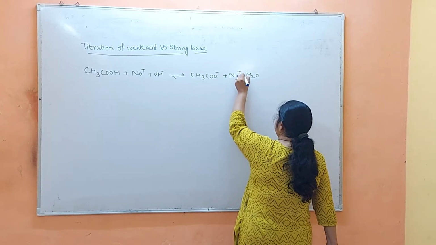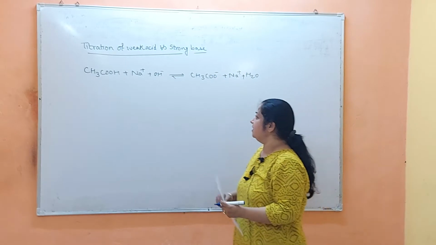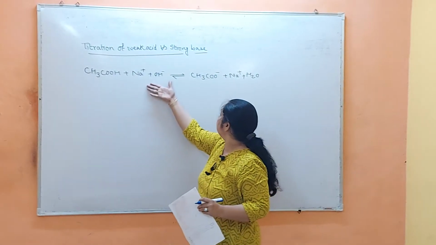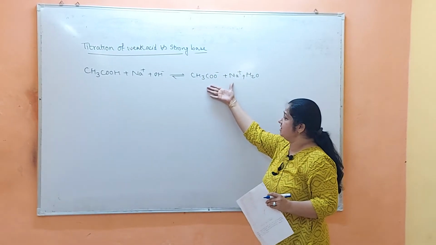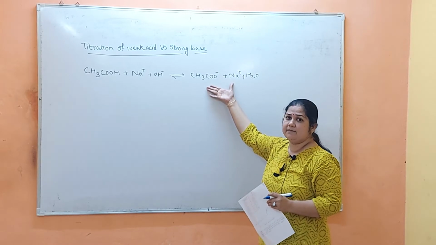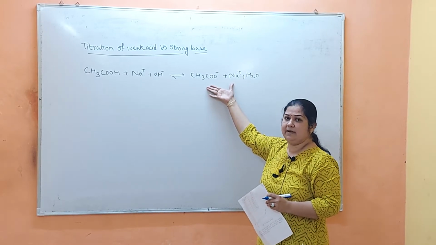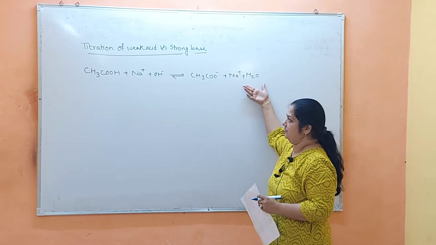Try to understand, it is a neutralization reaction where acid is neutralized by the base to give salt. CH3COONa is the sodium salt of acetic acid, that is sodium acetate, and we get water over here.